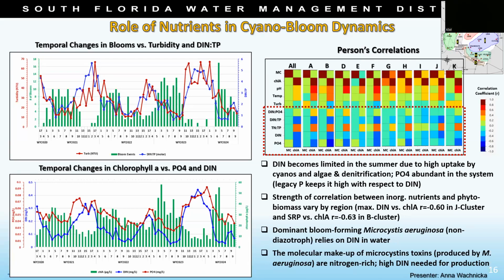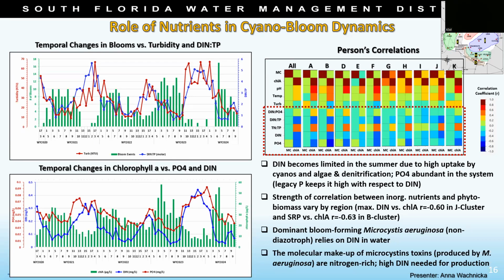Then the concentration of cyanobacterial cells slowly starts decreasing towards the end of the bloom season, and that's when the DIN is again increasing. So that uptake has a significant effect on nutrient dynamics in the lake.